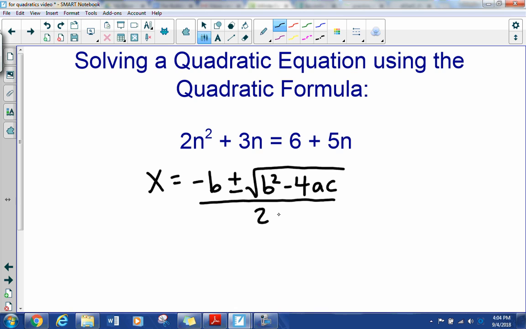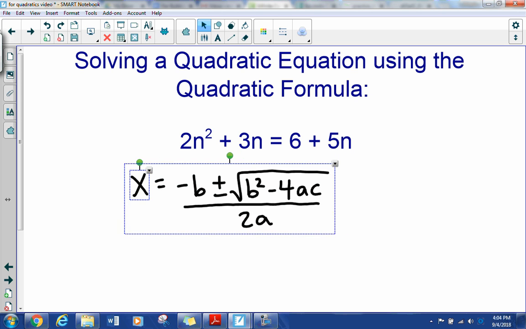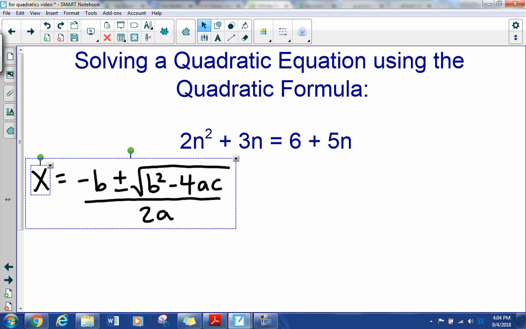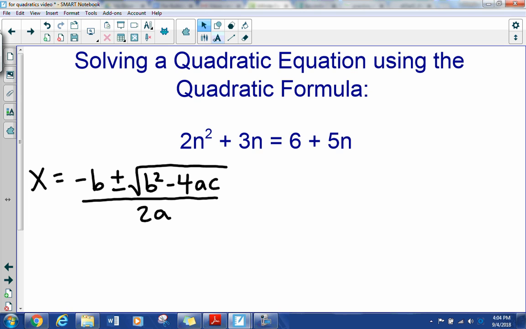So again, I think with this you can probably see why I say it's a good one in that it works every single time, but it's bad in that it's a really complicated formula.